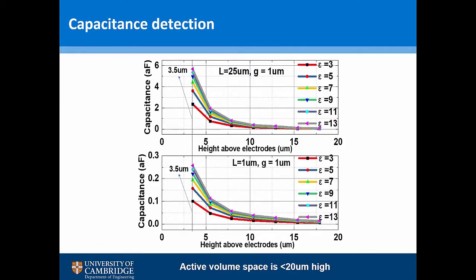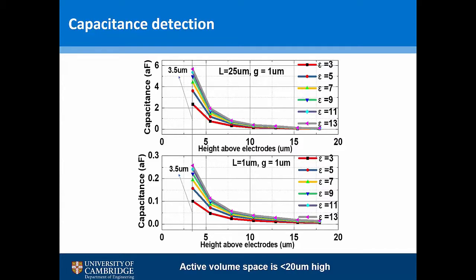So we only went up to 3.5 microns above the electrodes, and then moved the particles away from there using particles of different relative permittivity, and we can see that as the particle moves away from the electrodes, the signal we get drops.